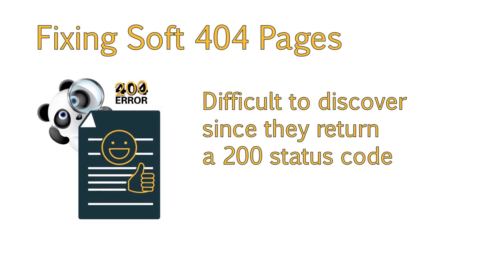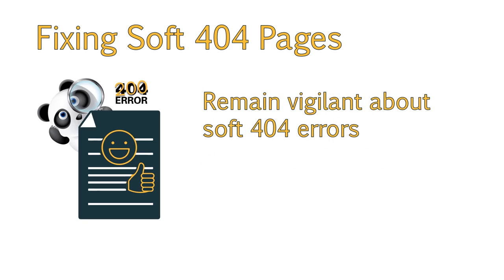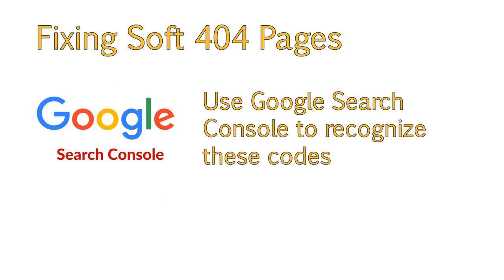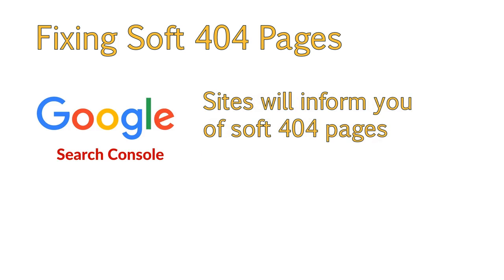These types of errors can be more difficult to discover, since they will return a 200 status code if you crawl the site. This type of error is one thing you want to remain vigilant about when analyzing a site. One way to recognize these error codes is through Google's Search Console, which will inform you of any pages it recognizes as potentially being a soft 404 page.